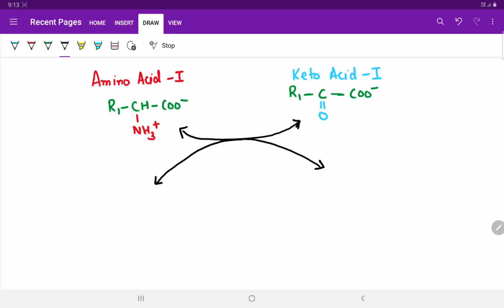The amino acid 1 will be changed to form amino acid 2 by the transfer of the amino group. So you can clearly see here that this is the amino acid 2.